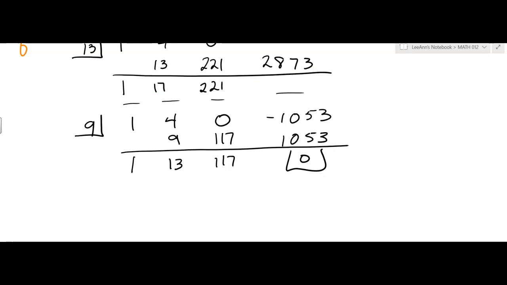Is it possible that there are more zeros? Well, there could be, I guess. Does 13 go into 117? I don't think so. What does 117 break down into? 9 goes into it. 9 times 13.